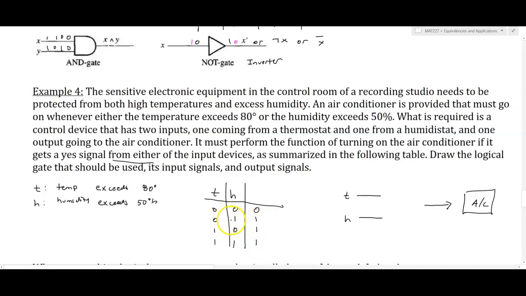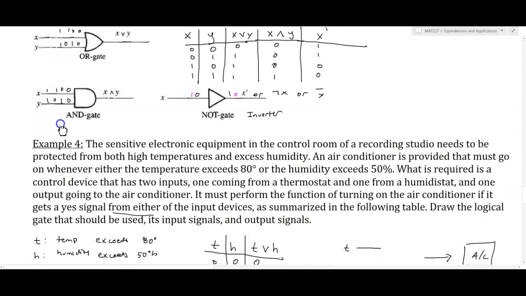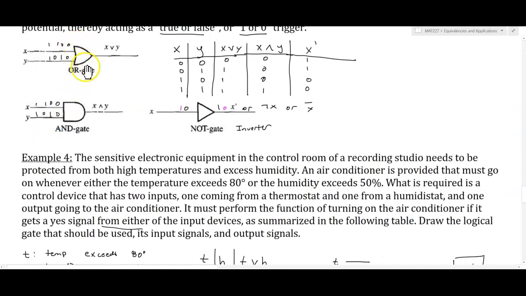Now we see that if any one or more than one of the signals is a 1, the output is a 1. And we recognize that to be a disjunction of T and H. So that's going to be an OR gate, and an OR gate is drawn as described in this picture. It has this almost like an arrowhead looking shape to it.